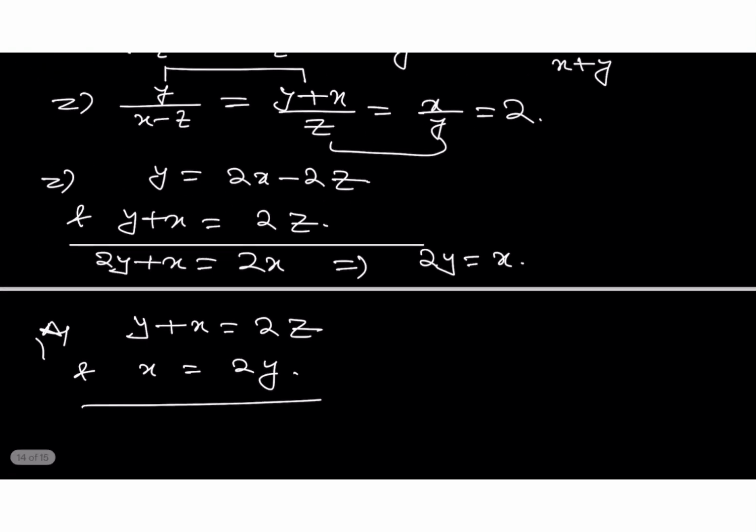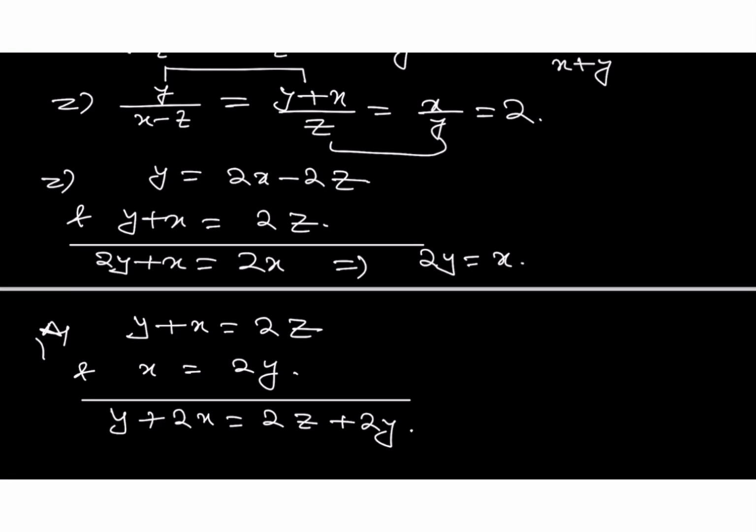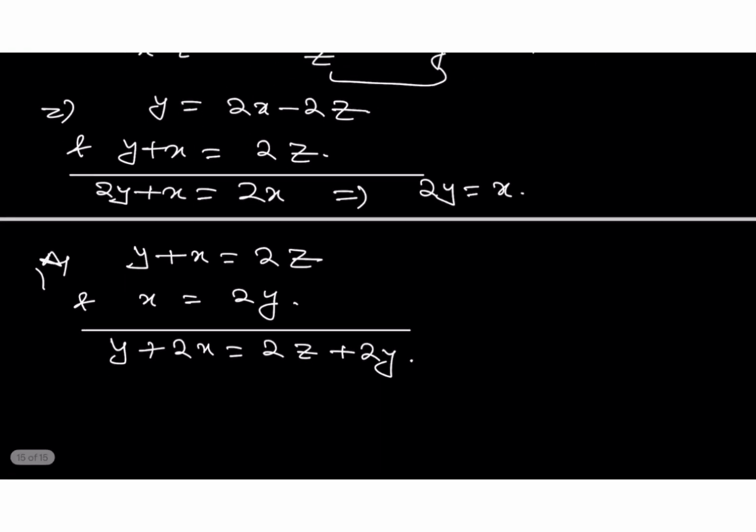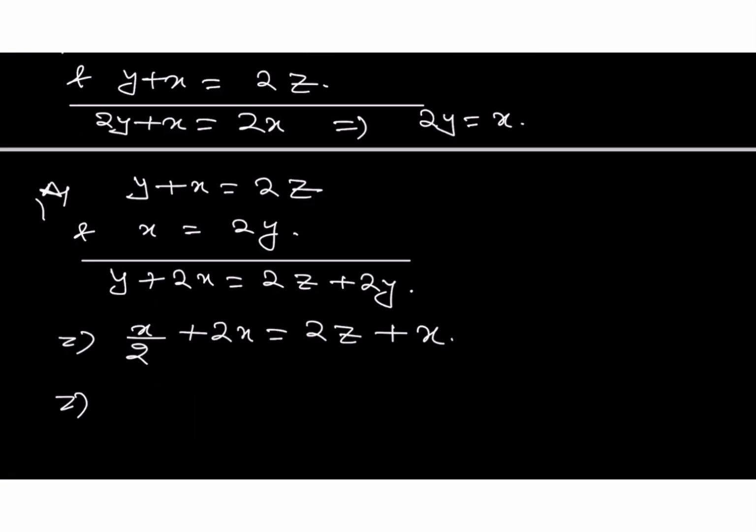So on adding, y + 2x is equal to 2z + 2y. So 2y is nothing but x. So this is x/2 + 2x is equal to 2z + x, right? So it is 3/2 x is equal to 2z. Okay.